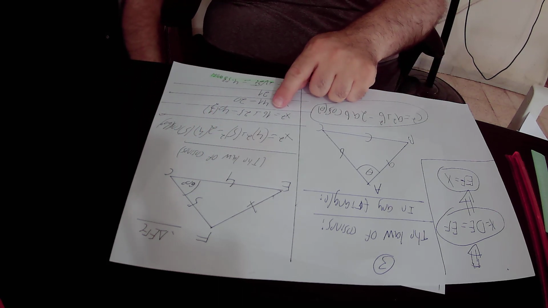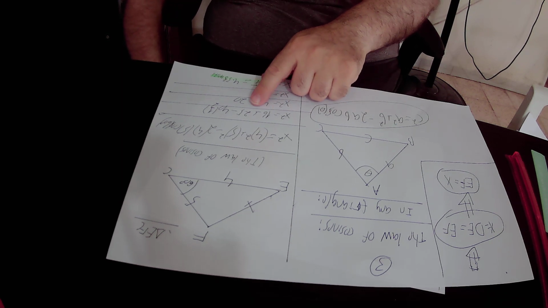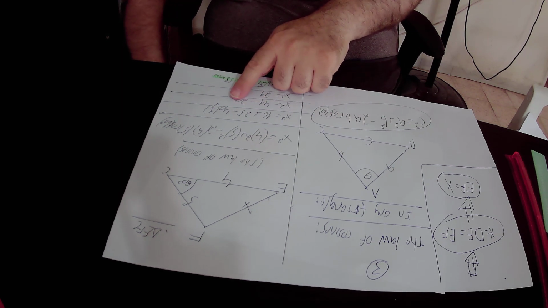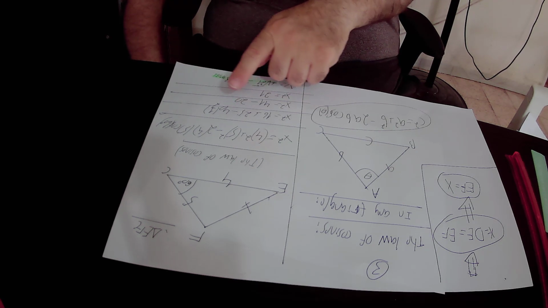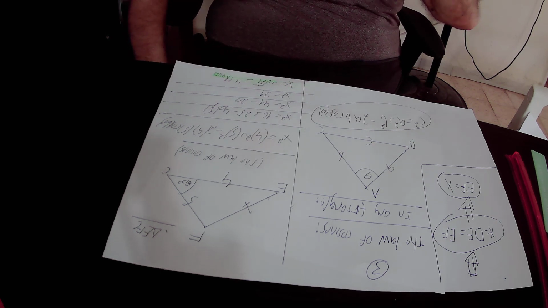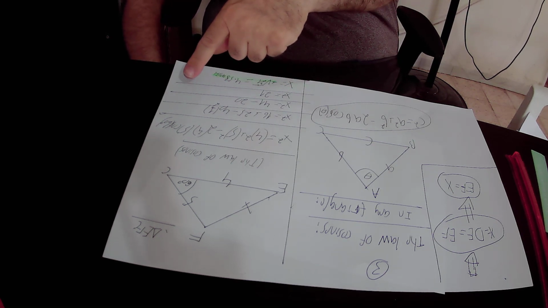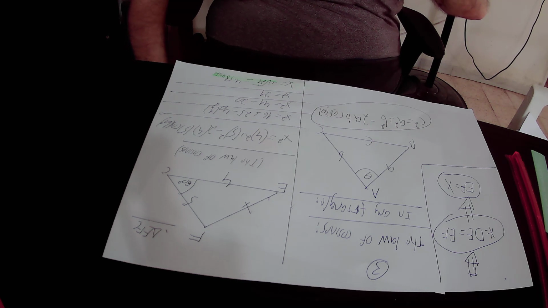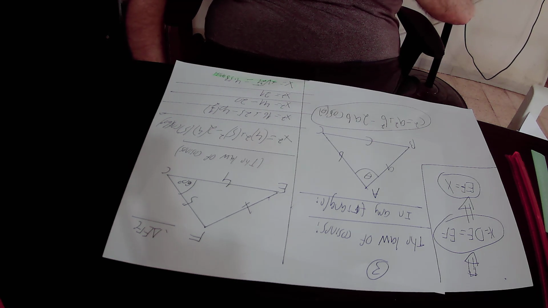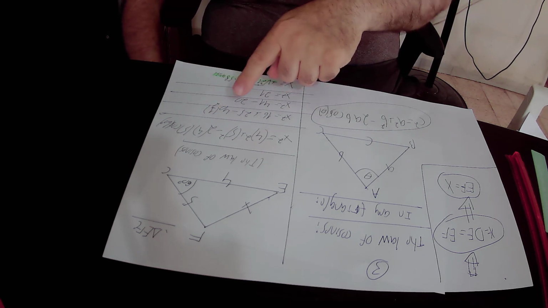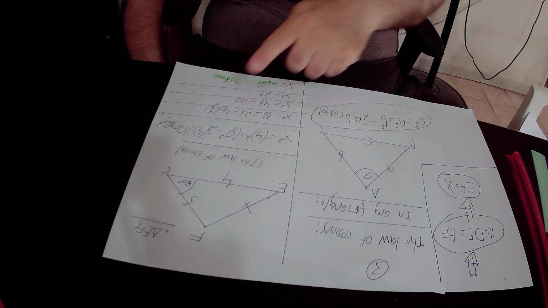So x squared equals 4 squared, that is 16, plus 5 squared, that is 25, minus 2 times 4 is minus 8, and minus 8 times 5 is minus 40, and cosine 60 degrees is equal to 1/2, so we substituted cosine 60 degrees by 1/2. So this expression equals minus 40 times 1/2.